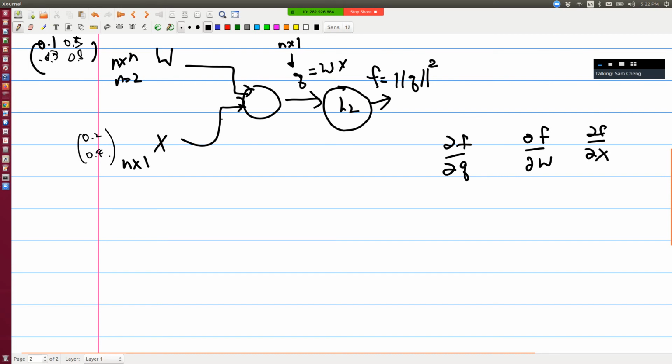Okay, so then I will just multiply that. q is equal to 0.22 and 0.26. Now, what's partial q over partial w? Or maybe I start with partial q over partial x first, maybe this is easier. What's the dimension for that? Partial q over partial x.